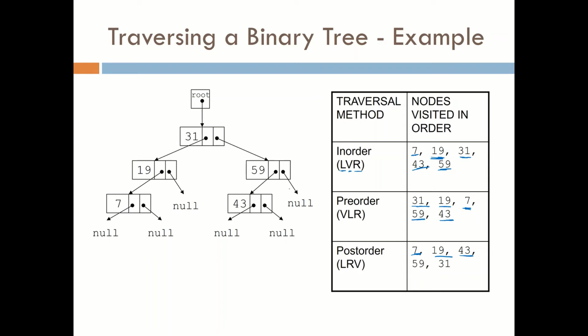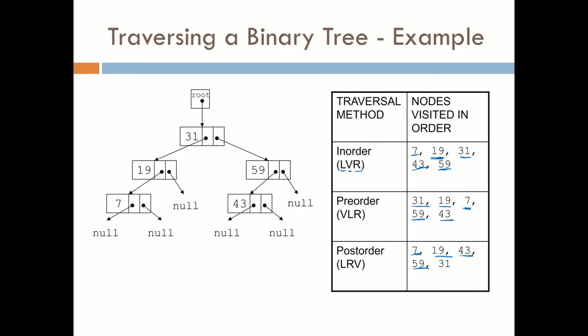I visited left. I visited right. I now visit the node itself. I output it. And finally, having gone left and right and visited the node, I backtrack to the root node. I have gone to the left and I've gone to the right.